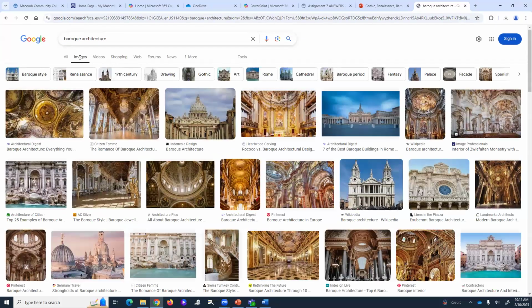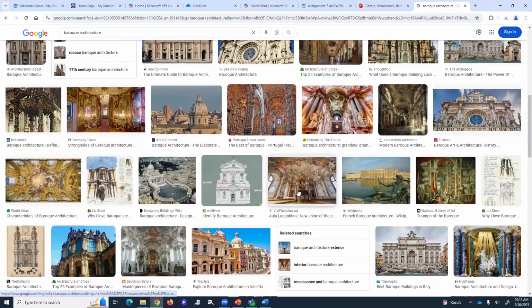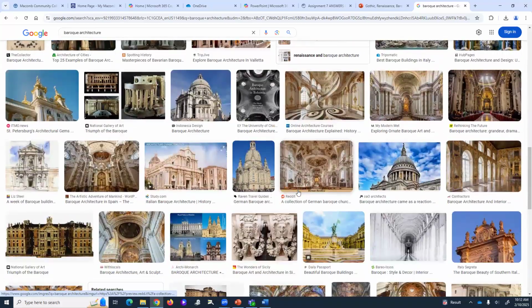When you look at the images, you can see that we didn't see all of this decorative detailing and added ornamentation on the buildings before this time. They were more clean lined without the paintings and sculpture. So this is kind of a transition to it.